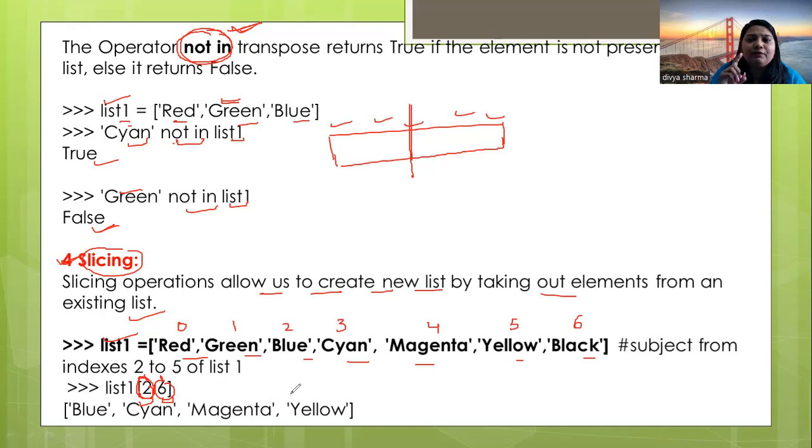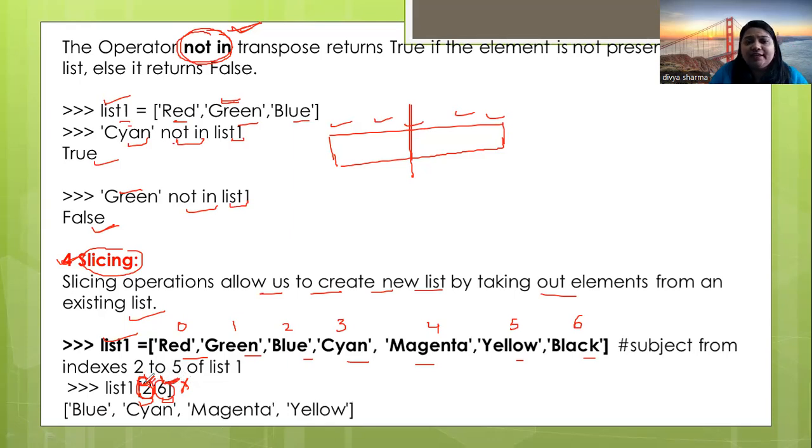So when we are going to slice, when we are going to create a new list from the given list, the lower bound will be included, but the upper bound will not be included. So the maximum index value which will be taken should be one less than the given upper bound value.